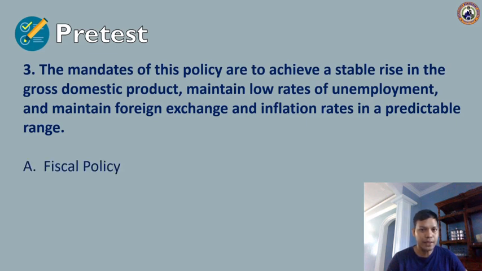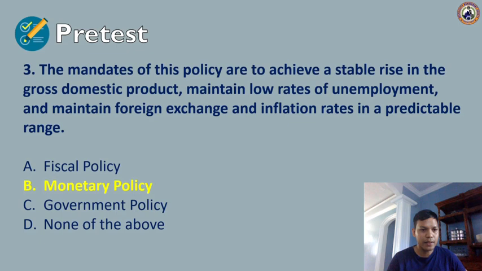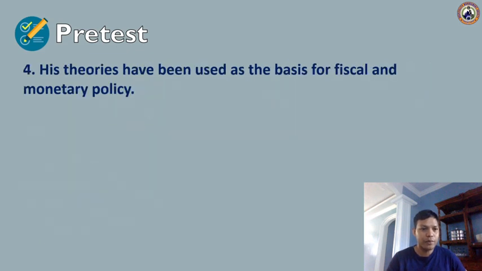The mandates of this policy are to achieve a stable rise in the gross domestic product, maintain low rates of unemployment, and maintain foreign exchange and inflation rates in a predictable range. A. Fiscal policy. B. Monetary policy. C. Government policy. Or D. None of the above. The answer for question number three is letter B, monetary policy.